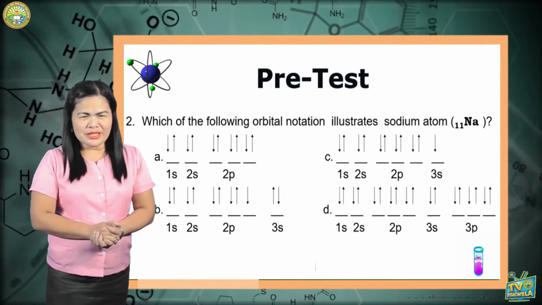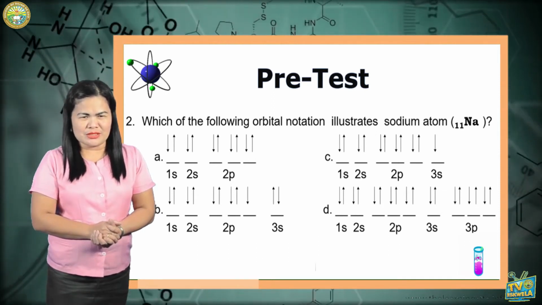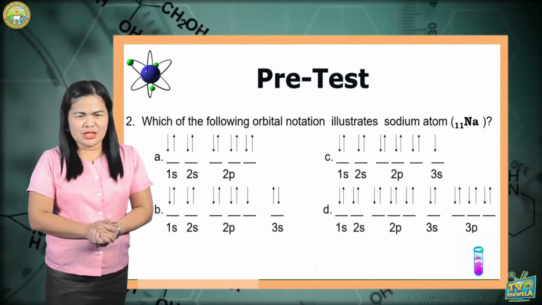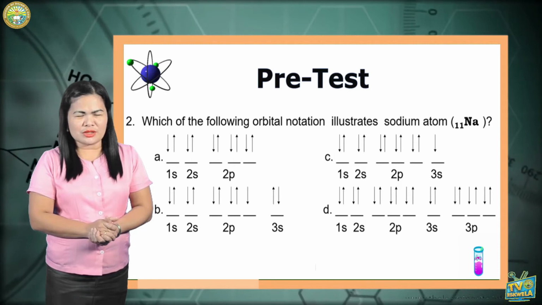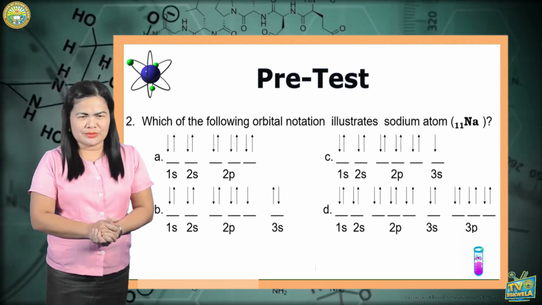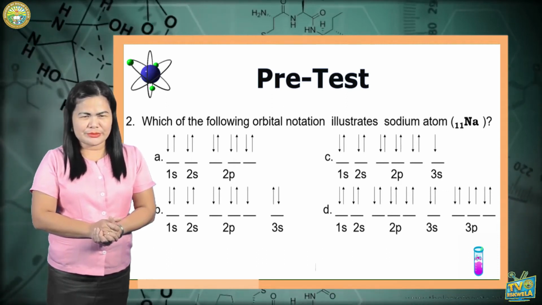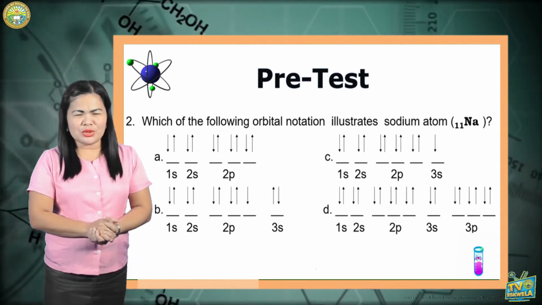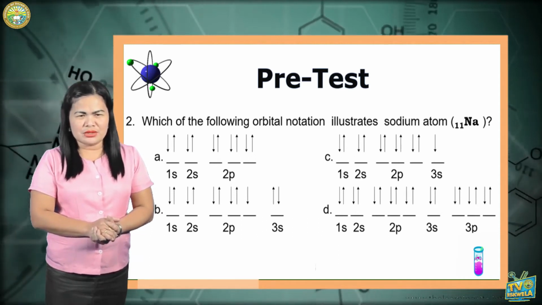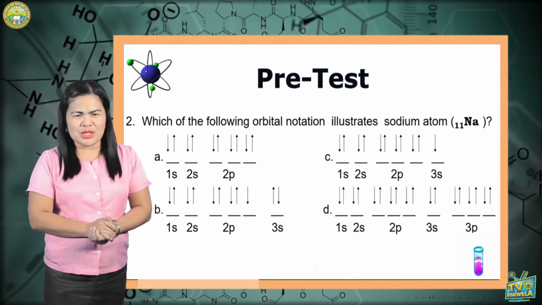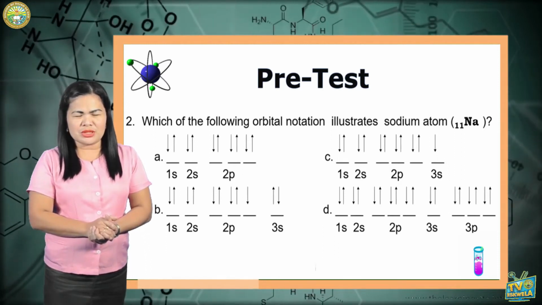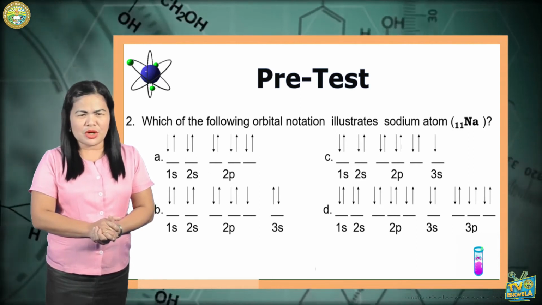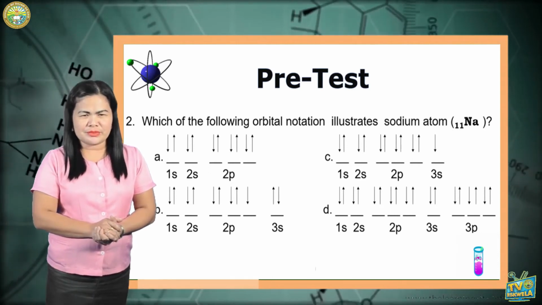A. 1s with 2 opposite spins, 2s with 2 opposite spins, 2p with 6 opposite spins in all. B. 1s with 2 opposite spins, 2s with 2 opposite spins, 2p with 6 opposite spins, 3s with 2 opposite spins.